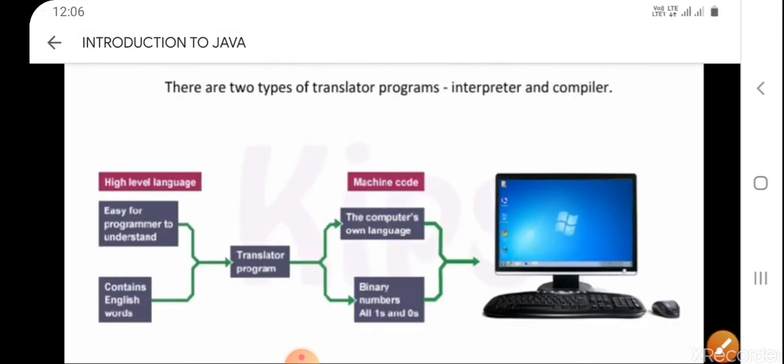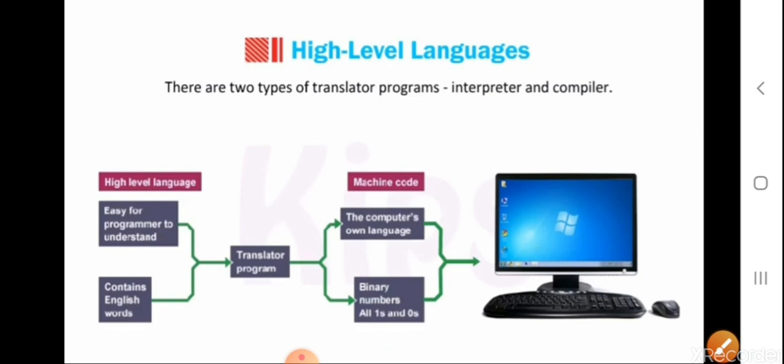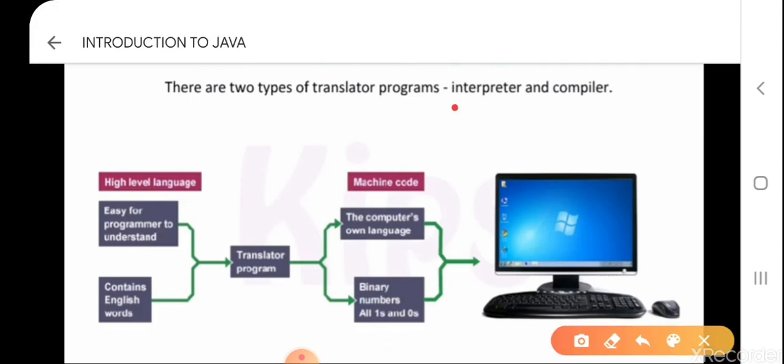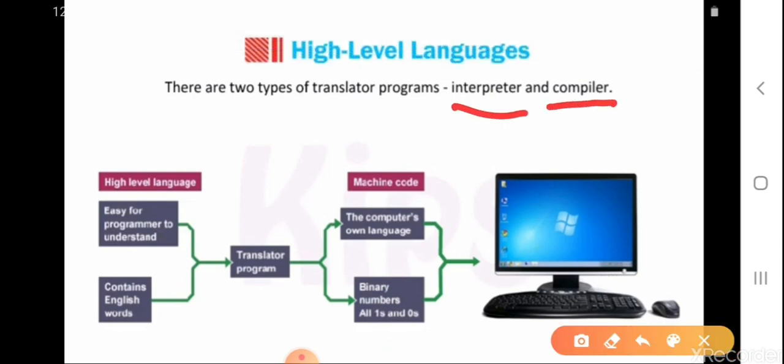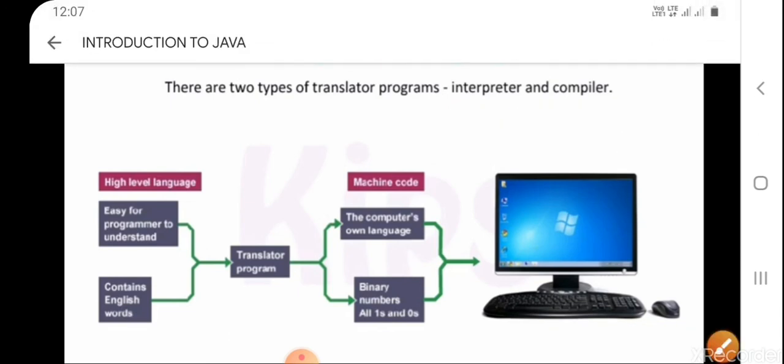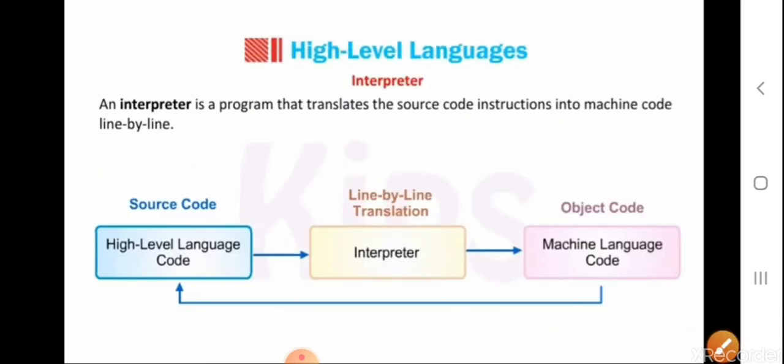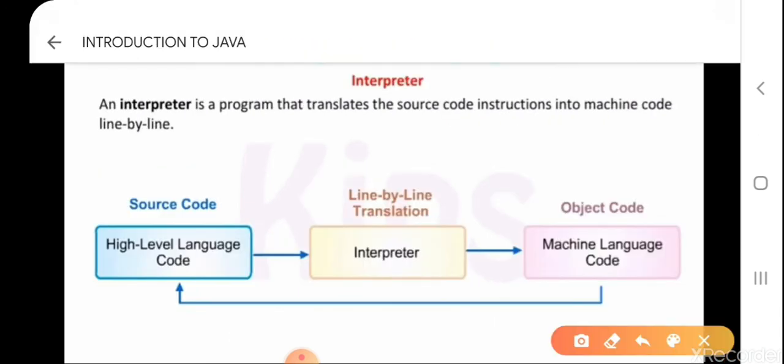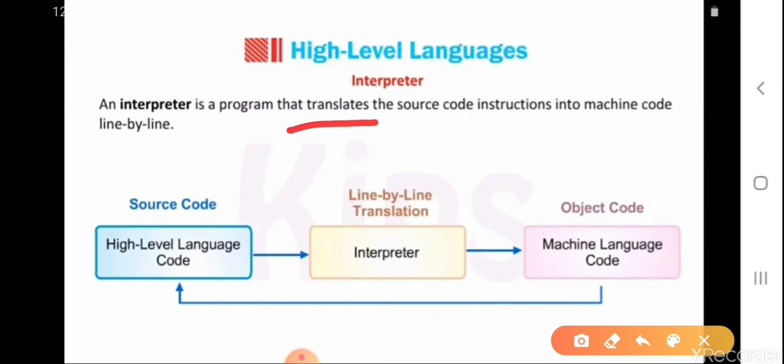Now, there are two types of translator programs: interpreter and compiler. What is an interpreter? An interpreter is a program that translates source code. I hope you know the definition of source code: a program written in a high level language.